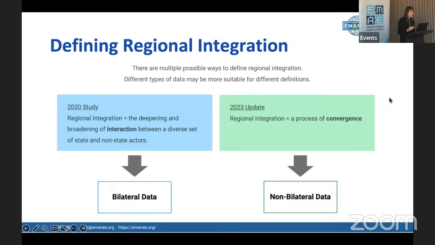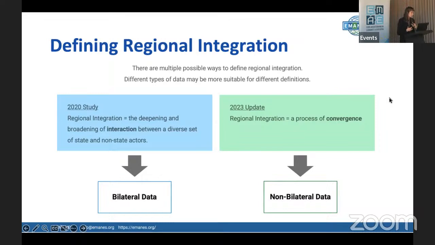And while this is a good definition, as we've discussed throughout the conference, there are many different ways to define regional integration. And I think one important one is also the process of convergence.